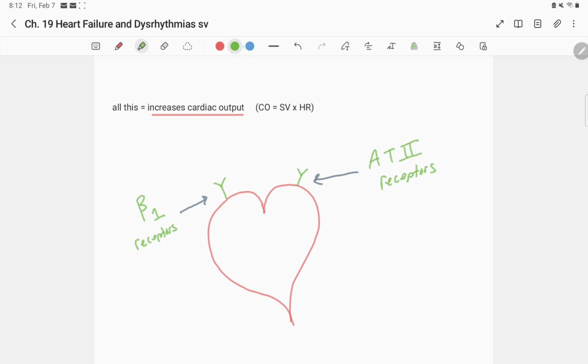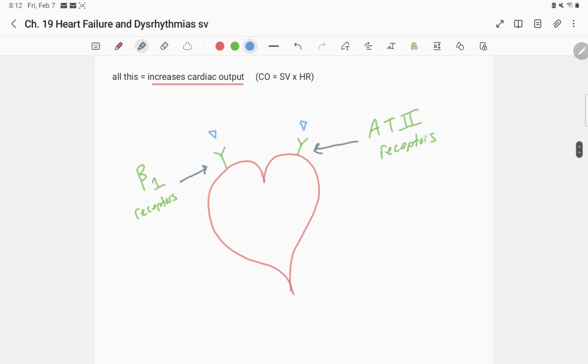Okay, so when there is a binding, which essentially is going to activate these receptors, the trade-off is over time, you're going to increase in cell numbers and increase apoptosis of heart cells.